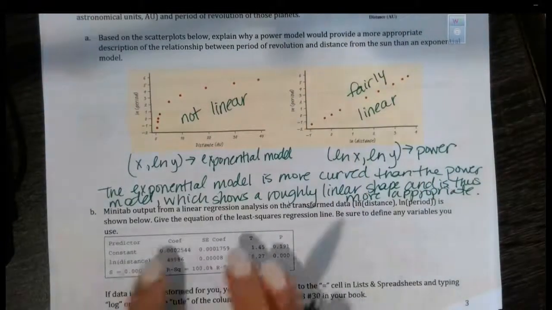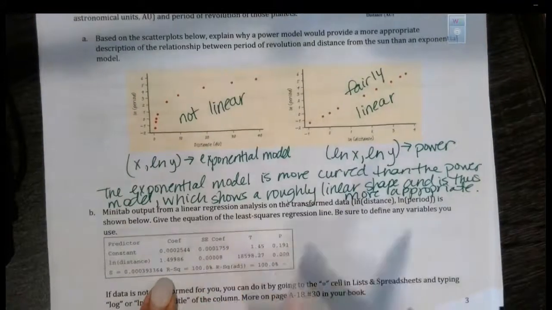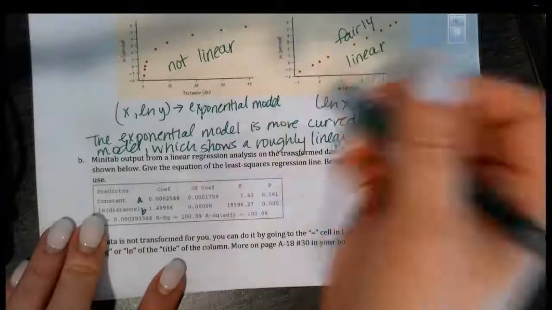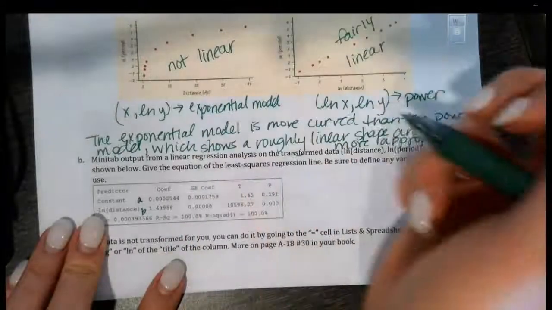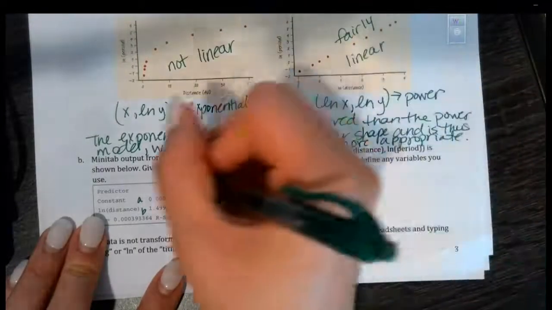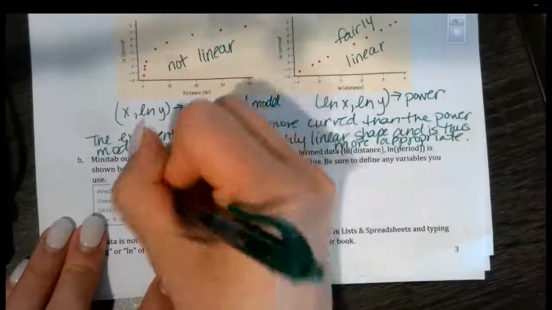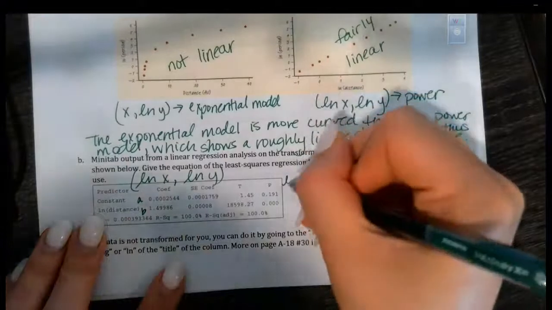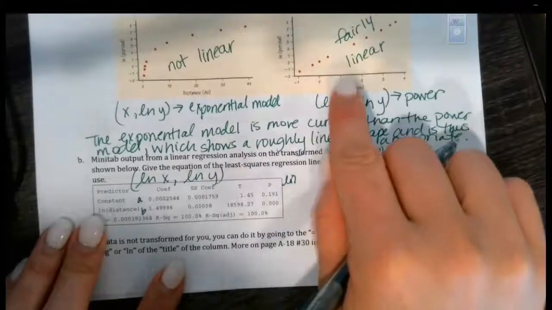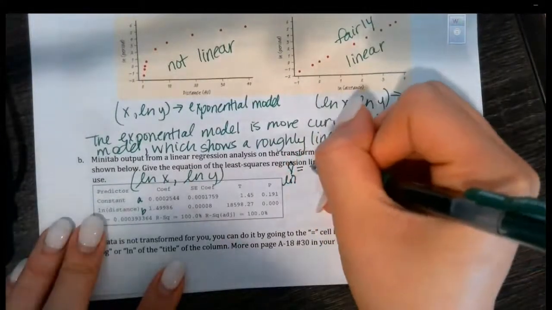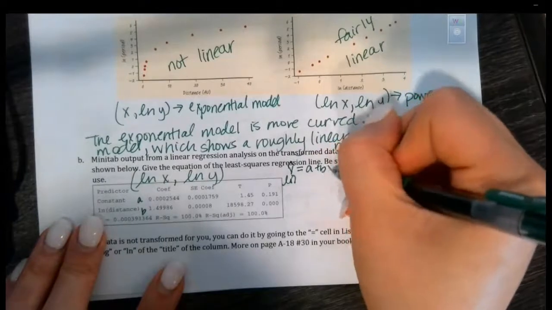Okay, so here is the output. All right, remember this is your A, here's your B, and we're going to use the power, so that means it's the natural log of x and the natural log of y. So we get the natural log, and our natural log of x is the natural log of y, because we're doing y hat is equal to a plus bx.